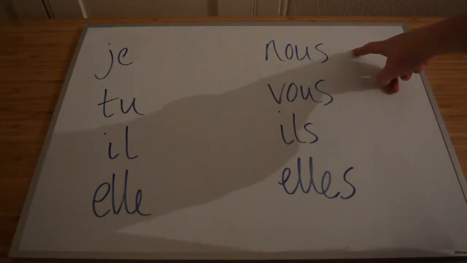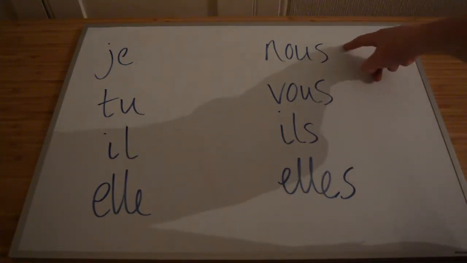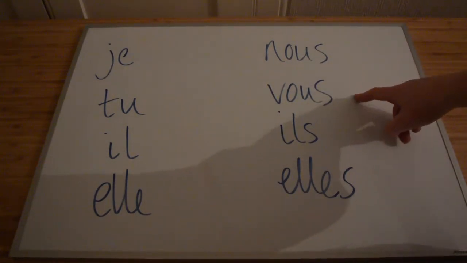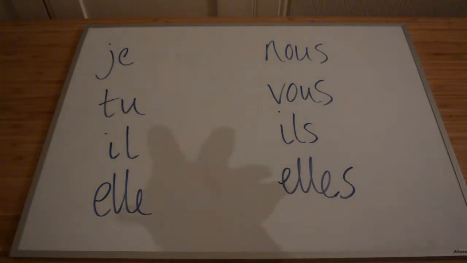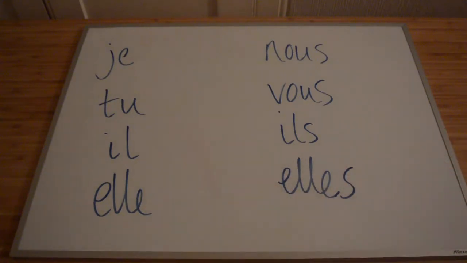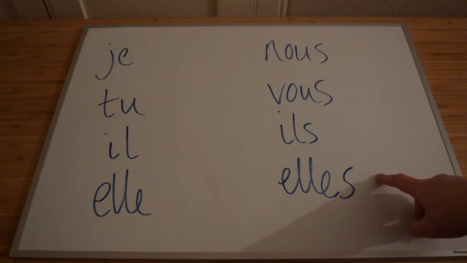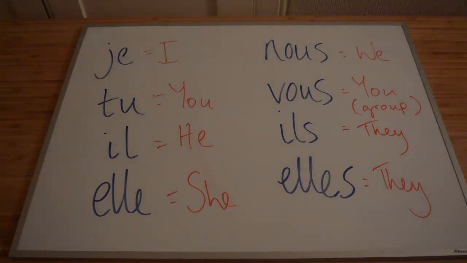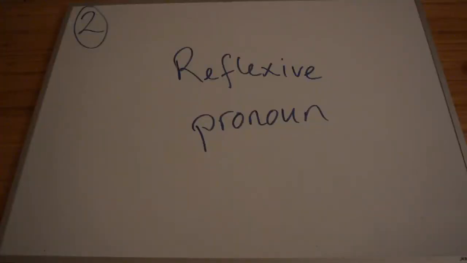Nous, over on the other side, means we, so a group of people where you're involved in that group. Vous means you, if you're talking to more than one person or somebody in a formal situation. Ils means they, a group of boys or a group of mixed boys and girls. And elles means they, but for a group of girls only. So there we are, that's it with the English there as well. So pronouns are part one.